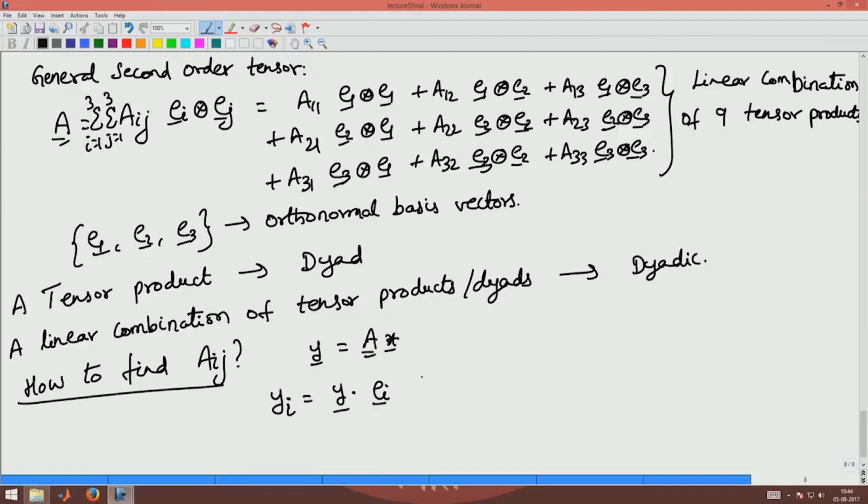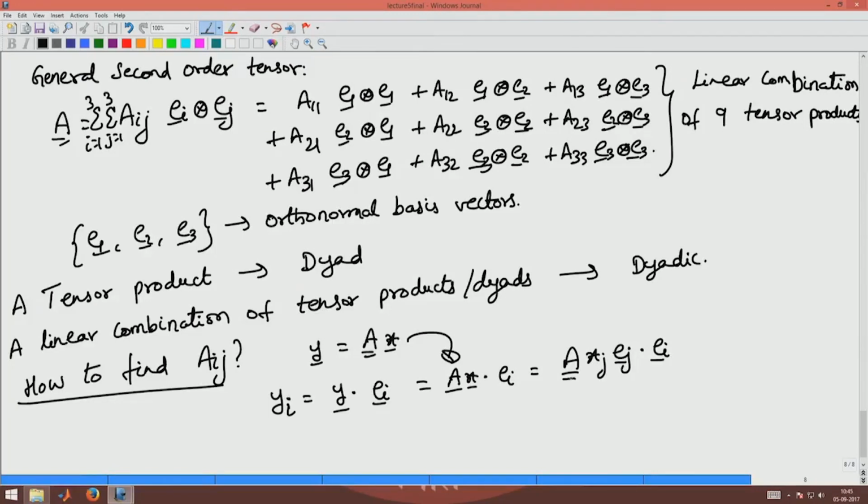So this implies A of x dotted with ei is yi. Now what is x? I can write it as A times xj ej dotted with ei.